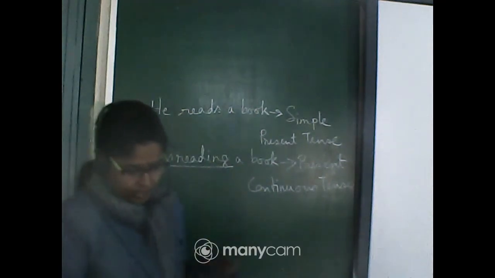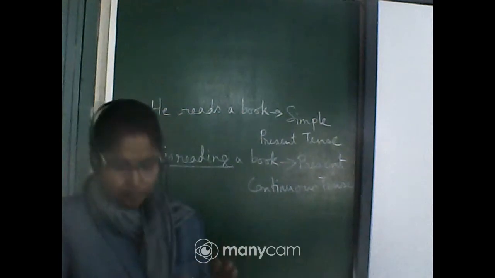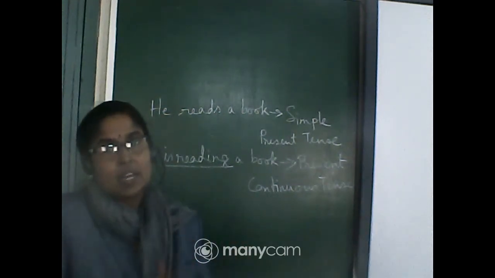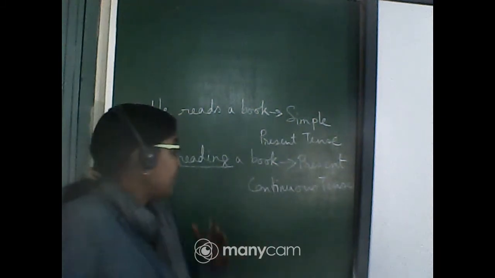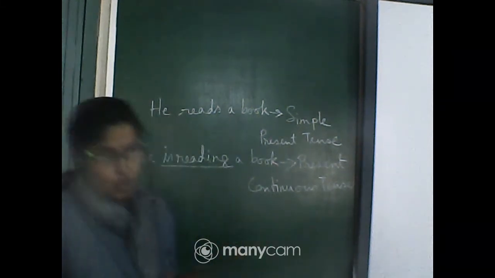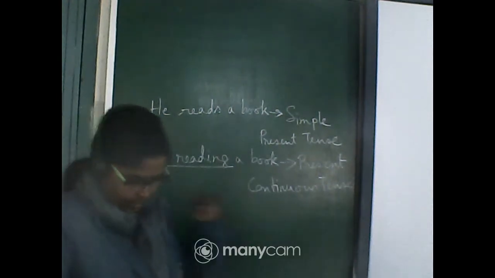So, present continuous tense expresses an action that is going on, that is occurring right now. Okay, an action that is in progress at the time of speaking. Then we use present continuous tense.